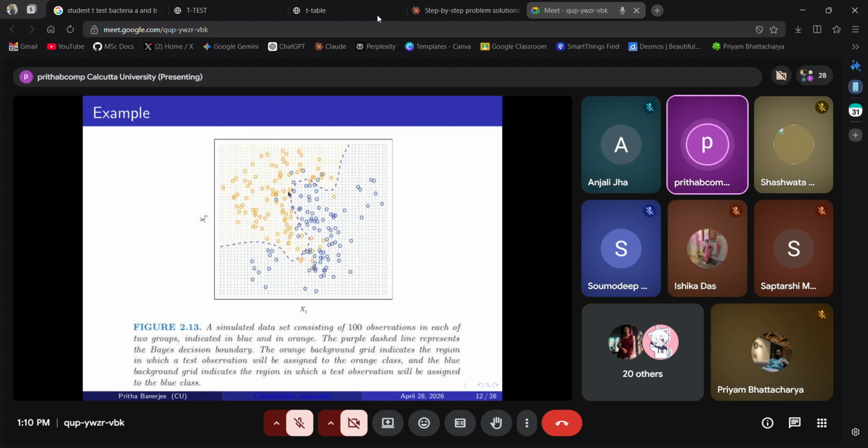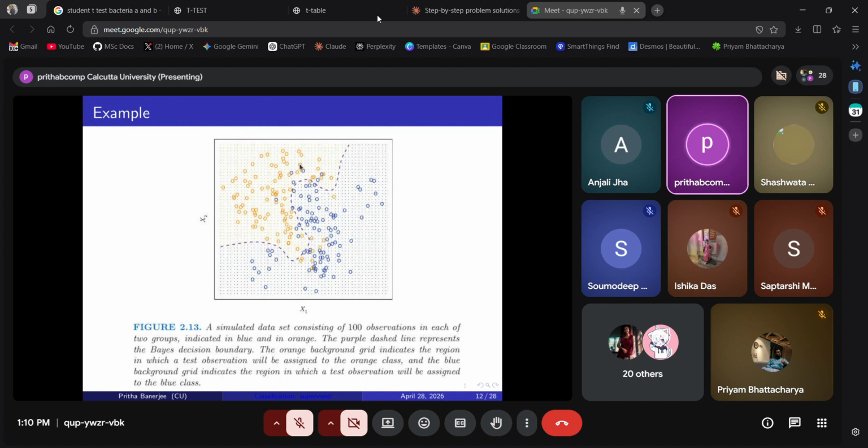Even though the data is very congested and overlapping, the Bayes classifier could give a very nice boundary between the two different classes. The error rate, the misclassified data, is very small, which is only along this boundary. 1, 2, 3, 4, 5, 6.